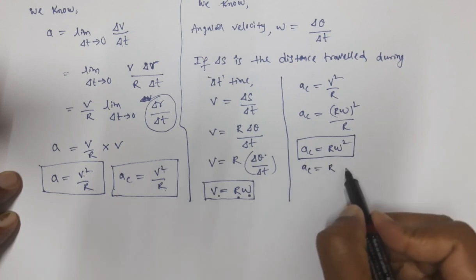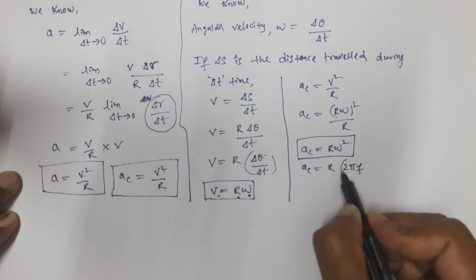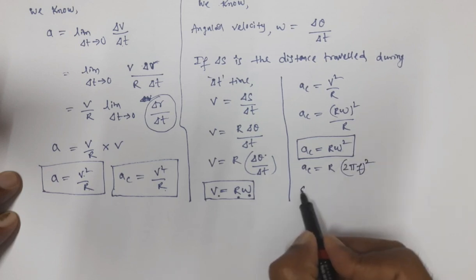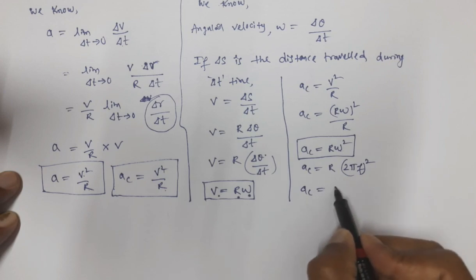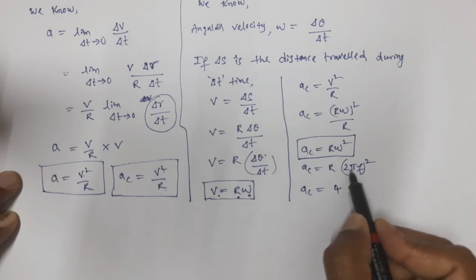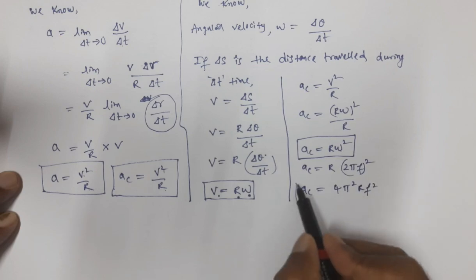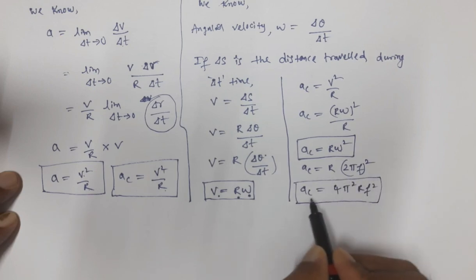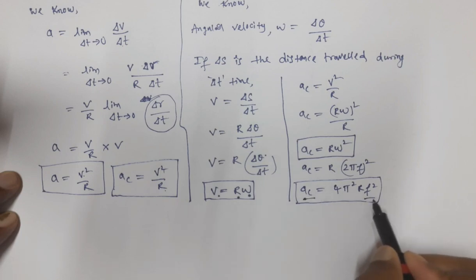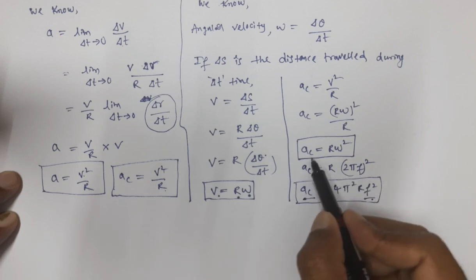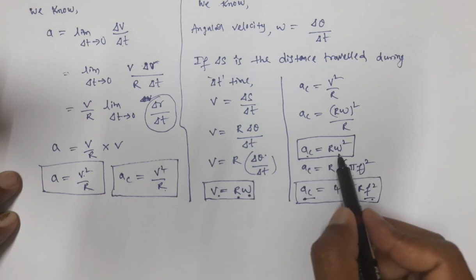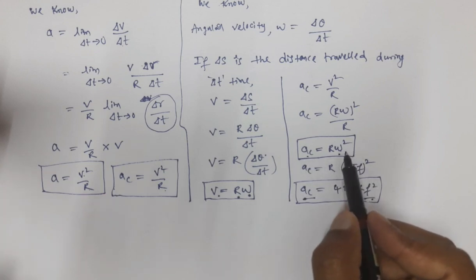So angular frequency equal to linear frequency, the formula is 2 pi f. So AC is equal to 4 pi square r f square. So this is the formula. This is the relation between centripetal acceleration and linear frequency. And this is the relation between centripetal acceleration and angular velocity, or it is also called angular frequency.